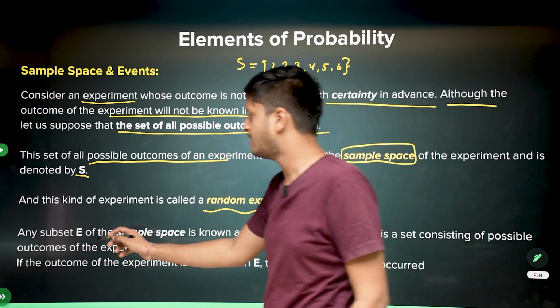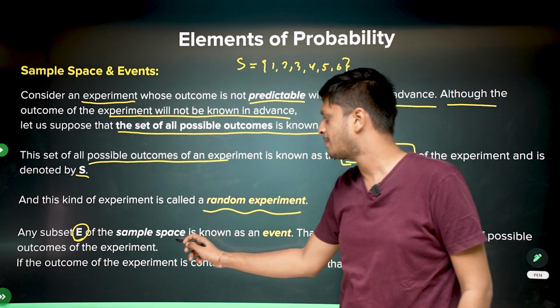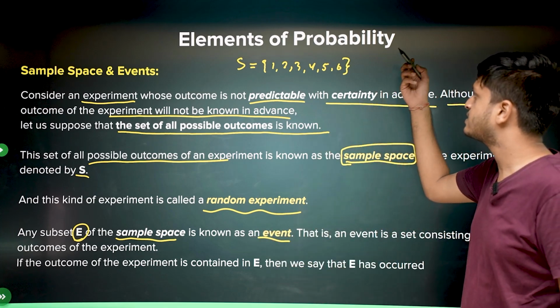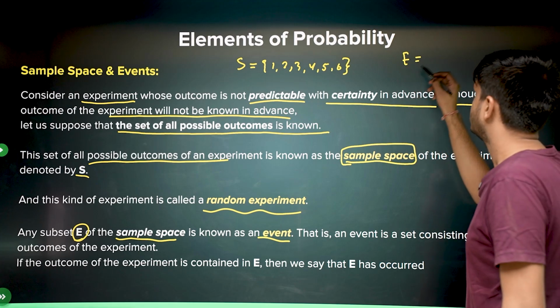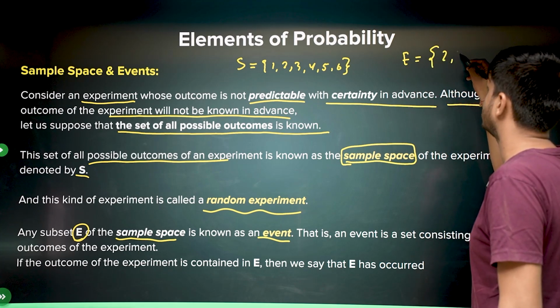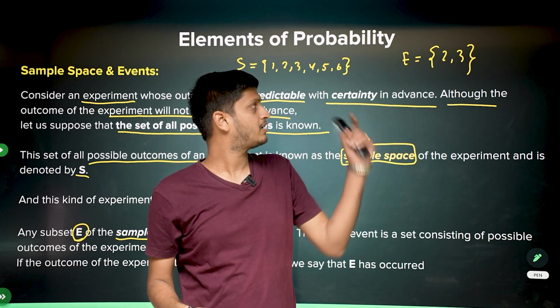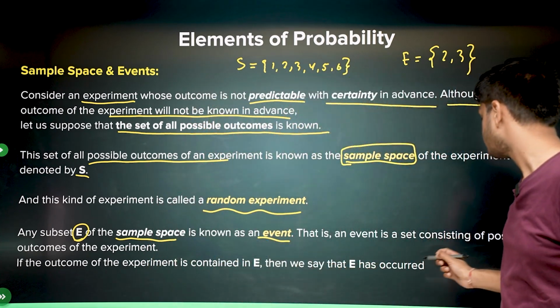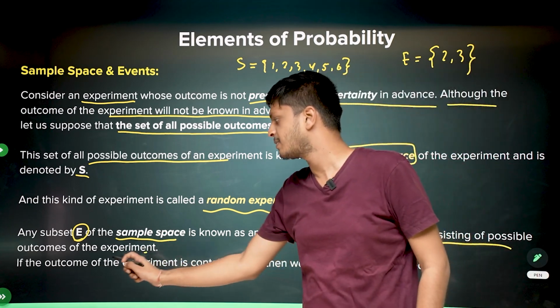Now any subset E of the sample space is known as an event. So any subset, like for example, I told you prime numbers, it is a subset 2, 3. Right? So any subset of the larger set or the sample space is called an event, and it is a set consisting of possible outcomes for the experiment.